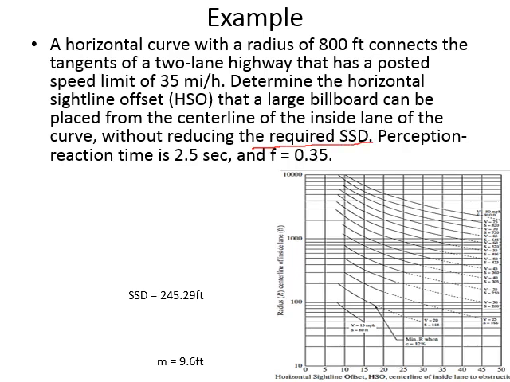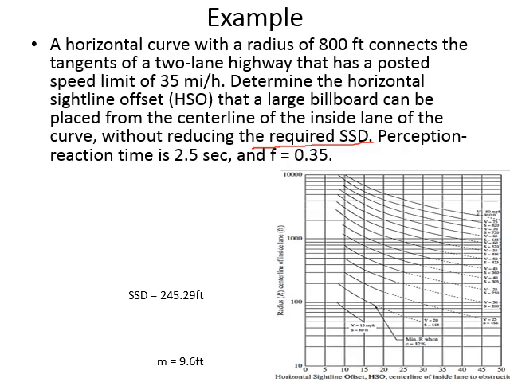reducing the sight distance. There is already a curve there, and that curve already has a safe sight distance. So we want to place a board on the side of the road so that the sight distance does not get reduced. You can do it using the equations, and you can do it using the curve as well.